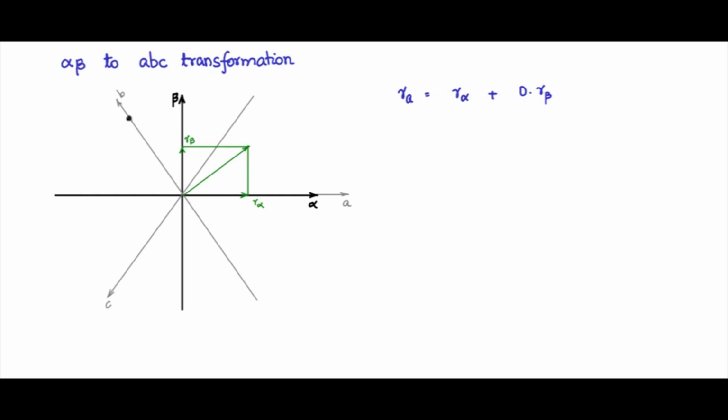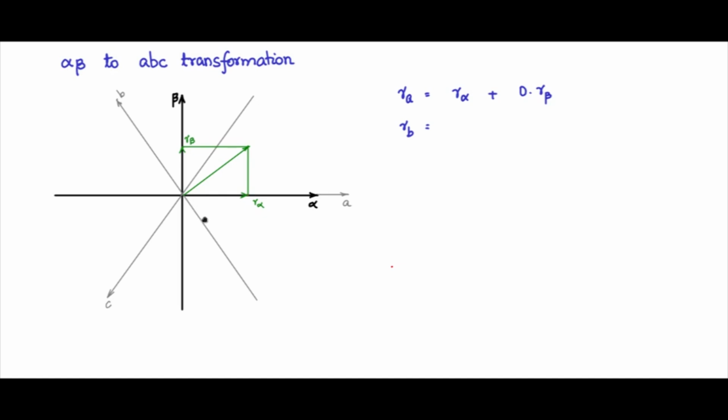Now, what is the component along the B axis, RB? Now, the R alpha component along the B axis. Let us say you project R alpha onto the B axis. So this will be the projected value onto the B axis.